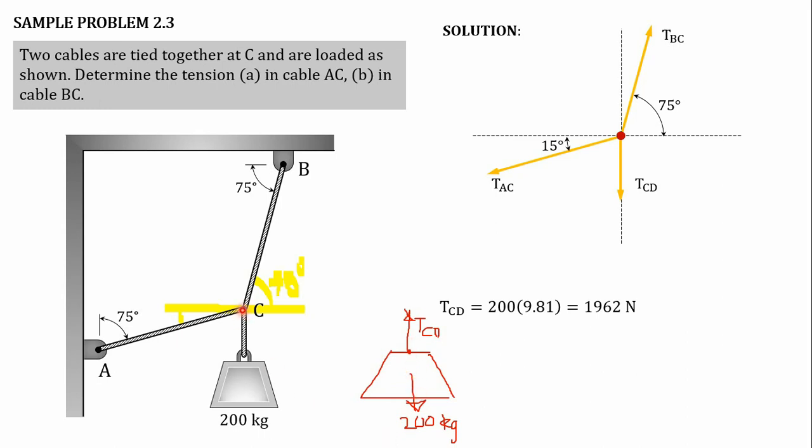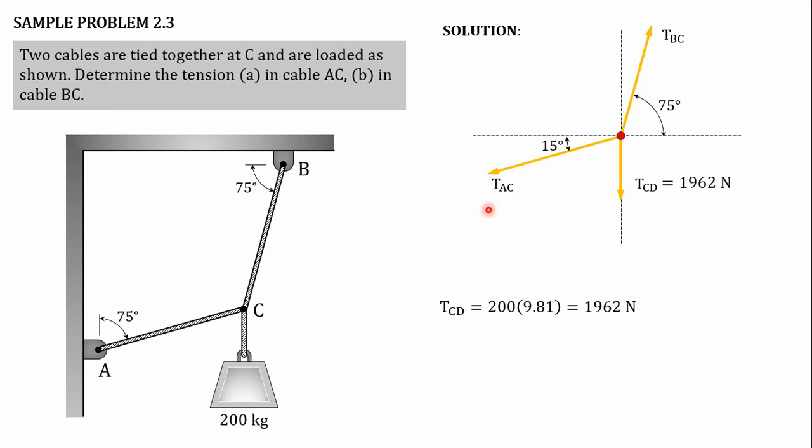Pero kapag nag-free body diagram tayo at point C, yung tension CD will intend to move, binibitak niya ito. Kaya yung tension ng CD is in that direction, in tension. So, ito na yung tension CD natin, that is equal to 1962 Newton.